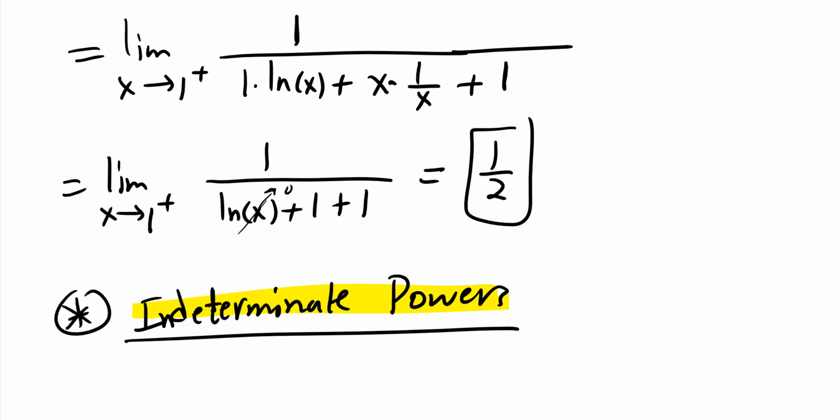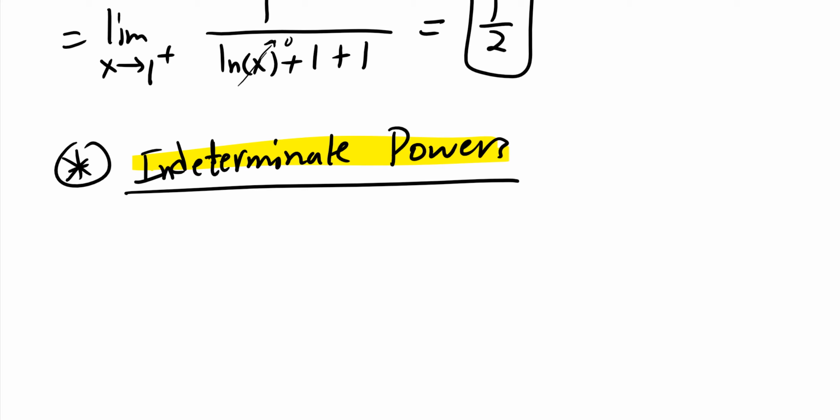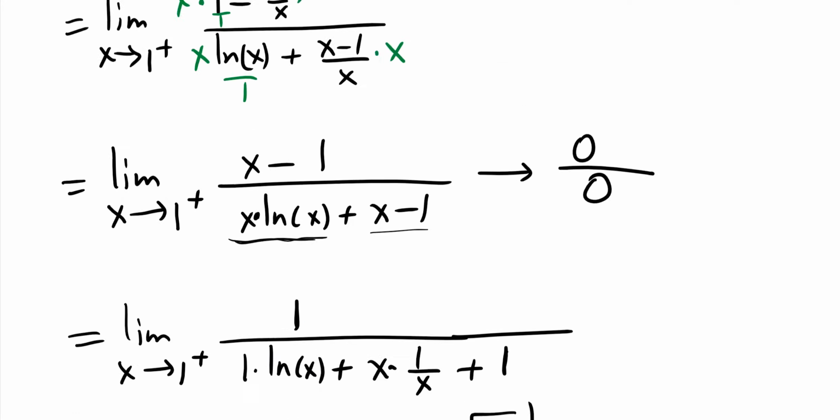In powers, we have several of them. One of them is infinity to 0. That's an indeterminate form. 0 to 0, that's another indeterminate form. 1 to the infinity, that's an indeterminate form. So far, how many forms do we have?